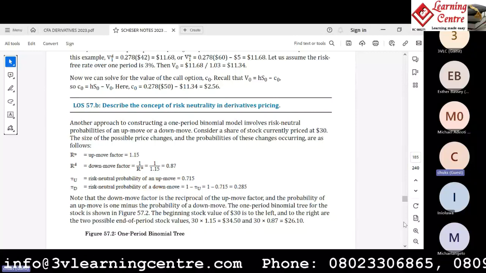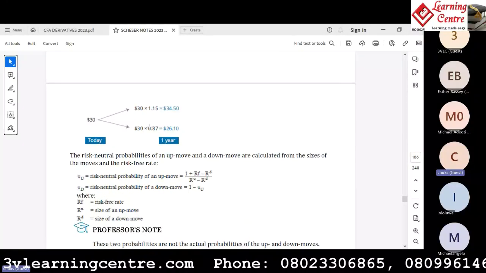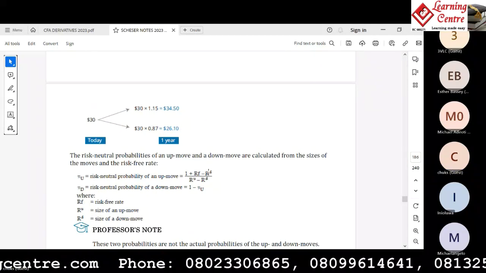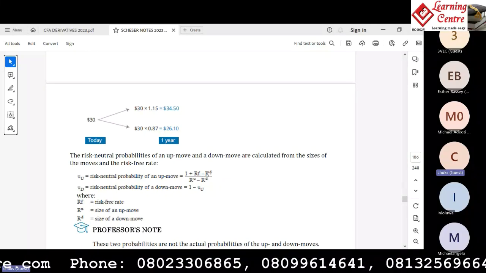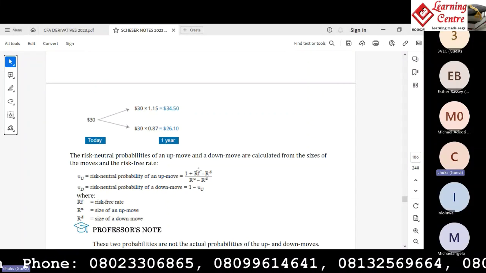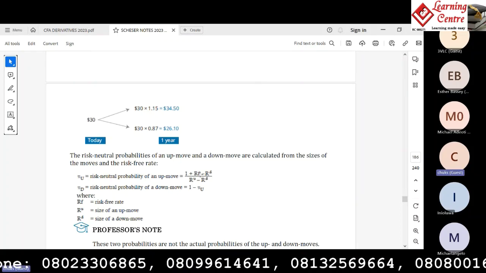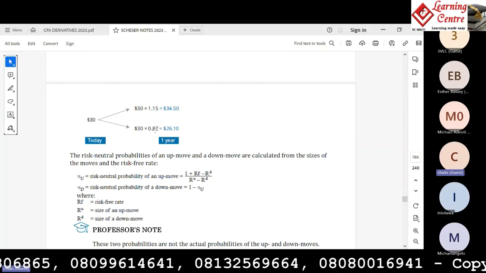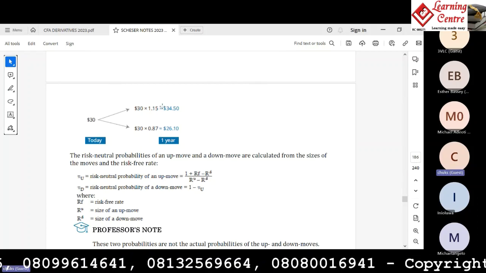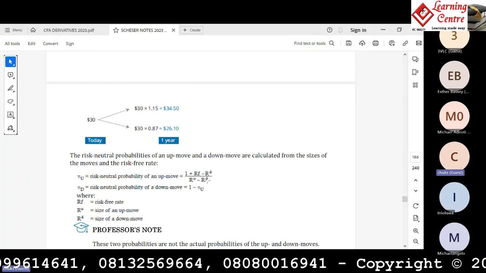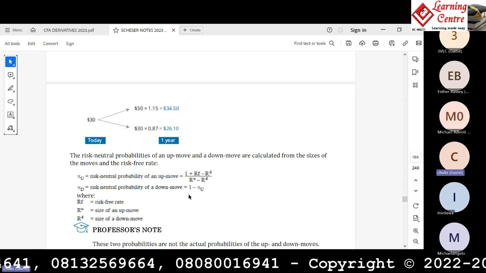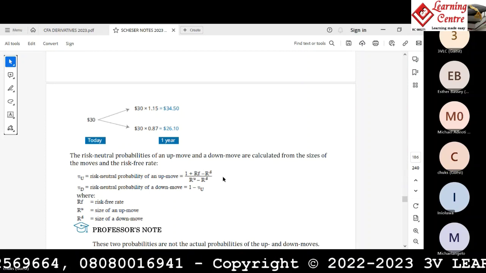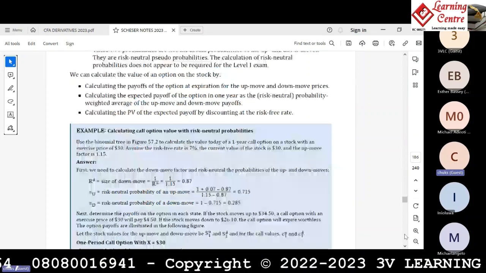Those two factors are what we used to calculate the up and the down, and it is the same thing we use here. So 1 plus 0.07, which is 7%, minus 0.87, divided by 1.15 minus 0.87, gives us 0.715.